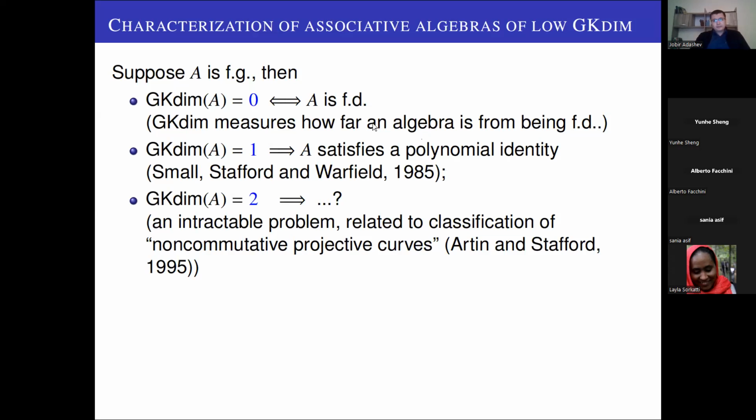If it's 0, then it's finite dimensional. Okay, so GK dimension 1 implies the algebra A satisfies a polynomial identity. And what about GK dimension 2? This one is not easy. It's related to the classification of non-commutative projective curves.